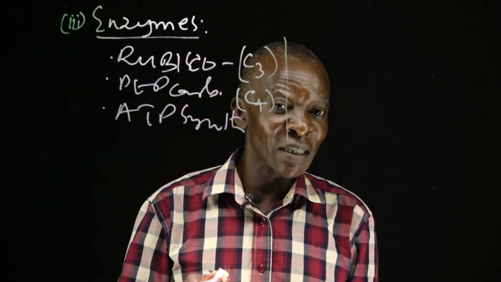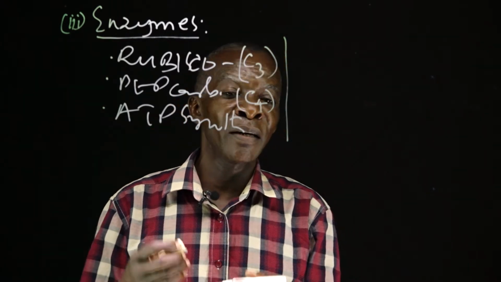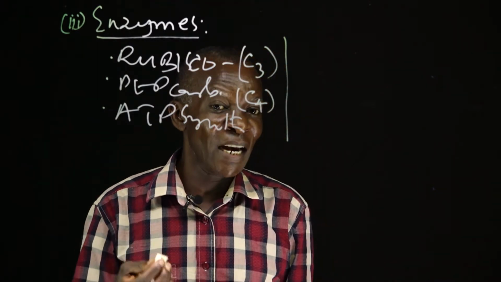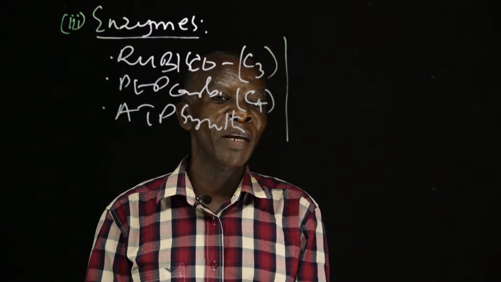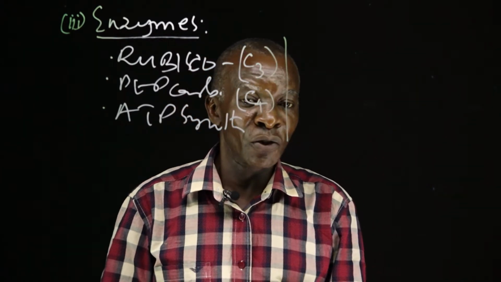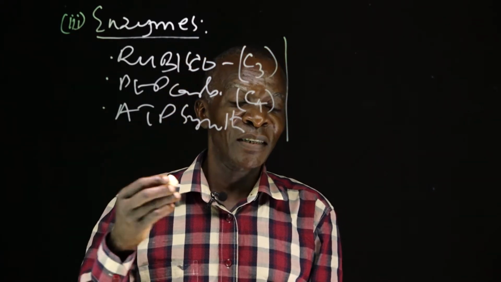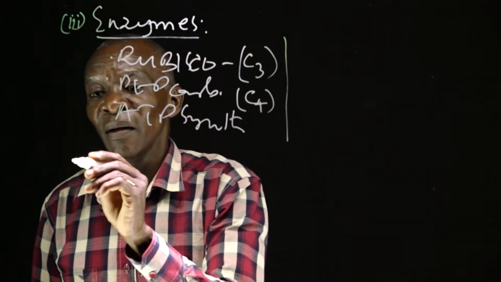And when the temperature is lower than the optimum, the enzymes will be deactivated, will be inactivated, and therefore the rate of photosynthesis may be slowed down or may cease altogether. So this is how enzymes affect the rate at which photosynthesis is taking place.